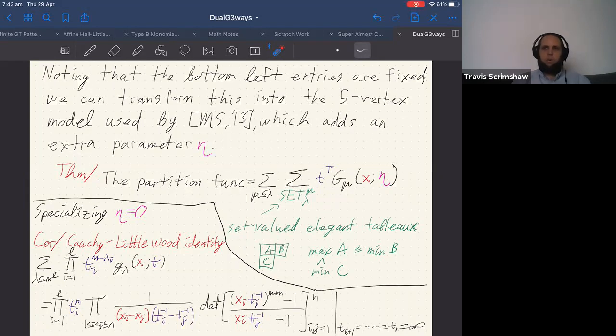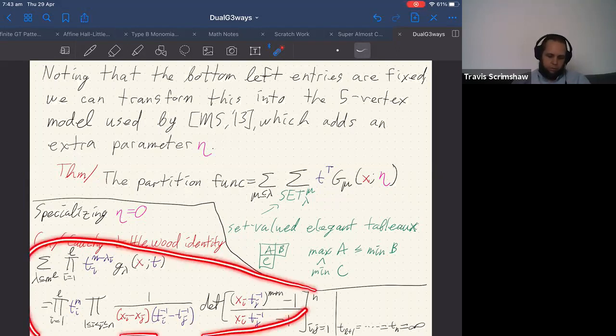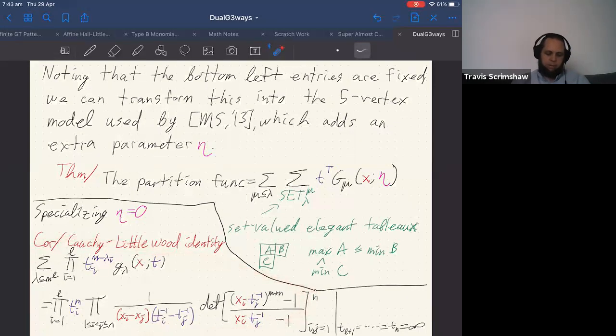But now we are truly using the power of the lattice model to get this determinant formula for the sum over Grothendieck polynomials that fit inside of an m by L rectangle, which I will call a Cauchy-Littlewood identity just to distinguish it from the Cauchy identity and the Littlewood identity, though it has been called both of them. I can write the sum over Grothendieck polynomials as this particular determinant here.